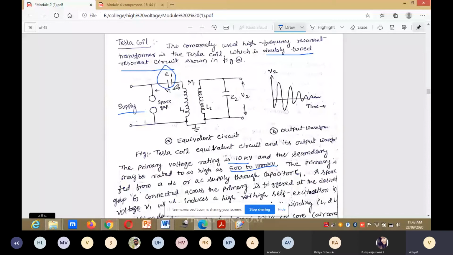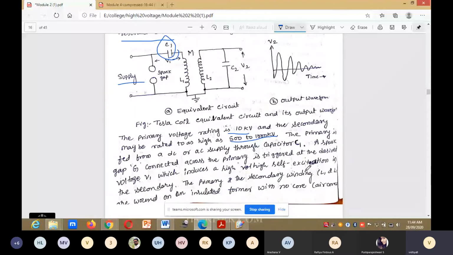A spark gap G connected across the primary is triggered at the desired voltage V1. There is a spark gap.